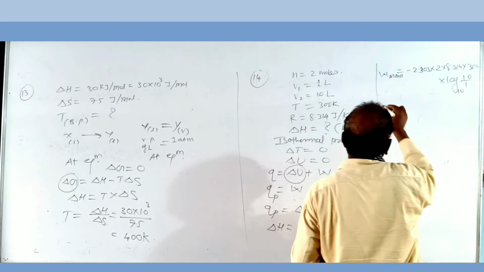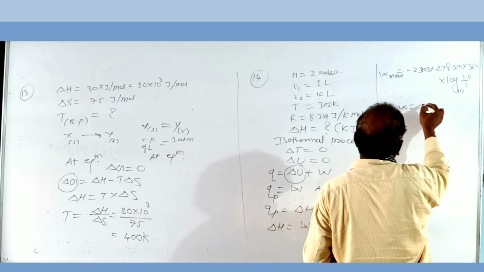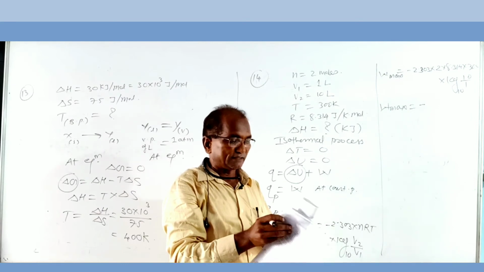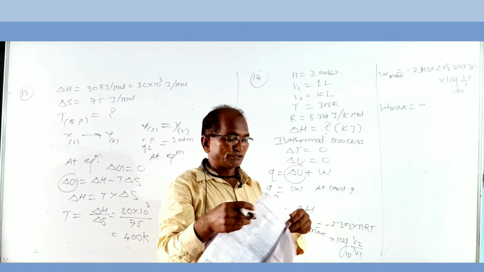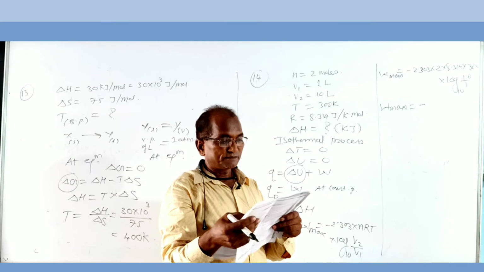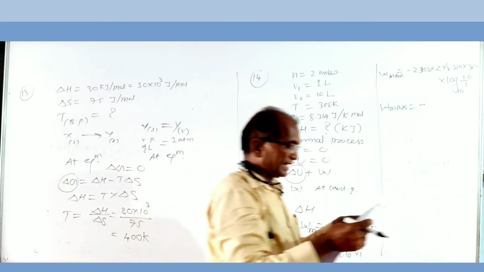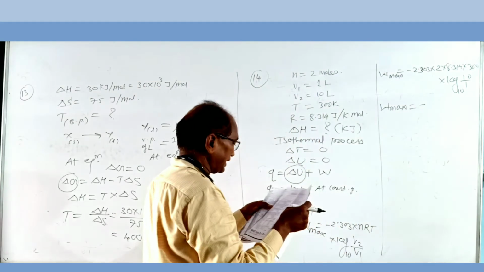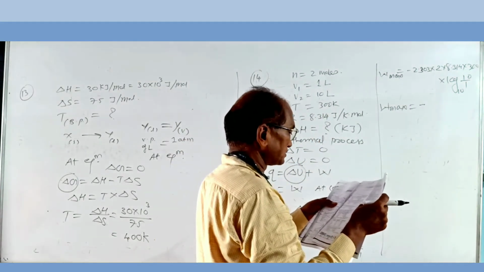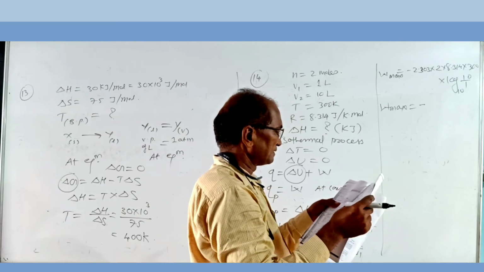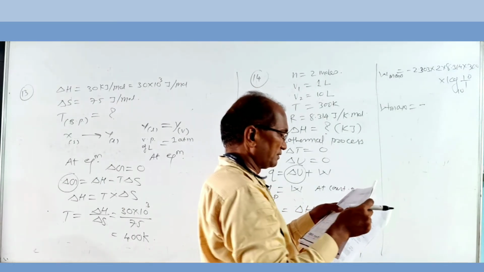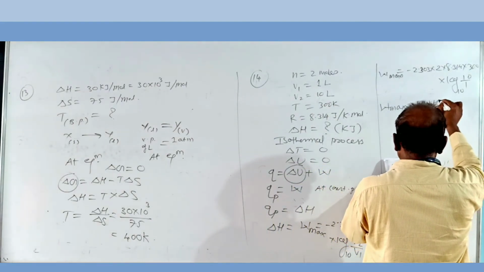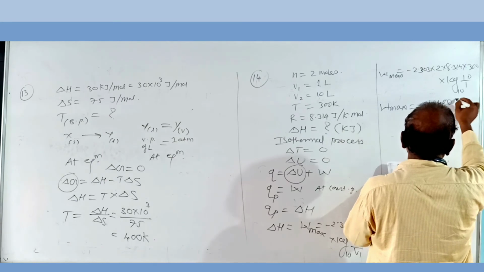Log 10 is 1. Therefore, W max is equal to, after multiplication, it gives the product minus 11400 joule.